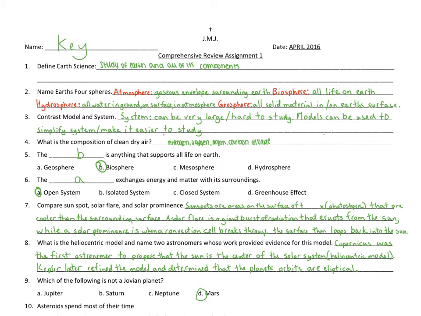It was then supported by Galileo. Remember that Galileo had seen phases on Venus. He had seen that Jupiter had 4 moons. Now we know that it has 63 moons, but he saw the 4 largest moons, Io, Europa, Ganymede, and Callisto.